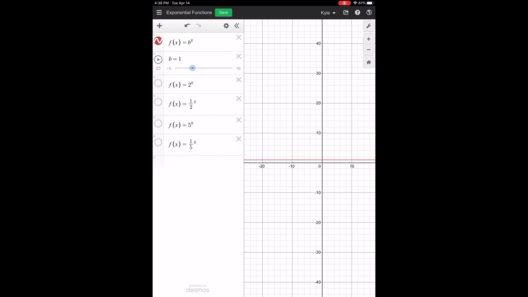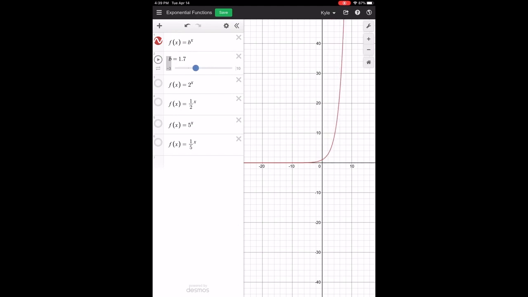All right, now what I'd like to do is alter the b value. I'd like to play around with the slider to see what the graph might look like. So I'm going to take the slider and I'm going to increase b. What do you notice is happening here as I drag the slider around?